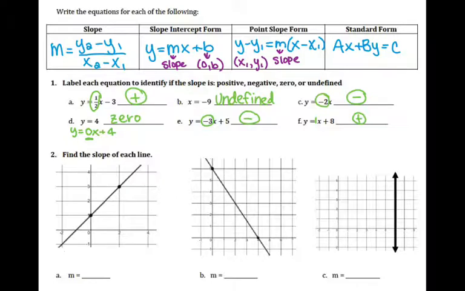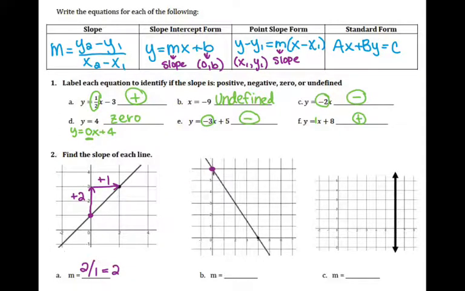All right, find the slope of each line. In order to find the slope of a graph, I'm going to look at rise over run. So I'm going to travel from one point to the next. From here, I need to go up 2 and to the right 1. So that means my slope is going to be 2 over 1, which is also just 2. For letter B, I'm going to do the same thing.